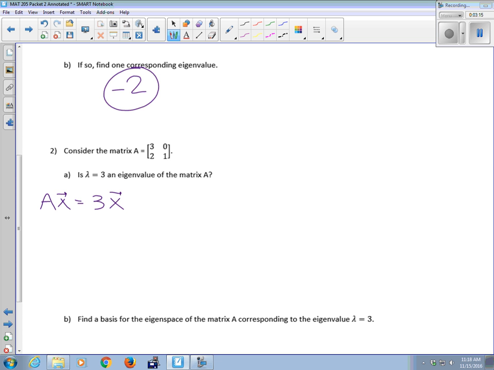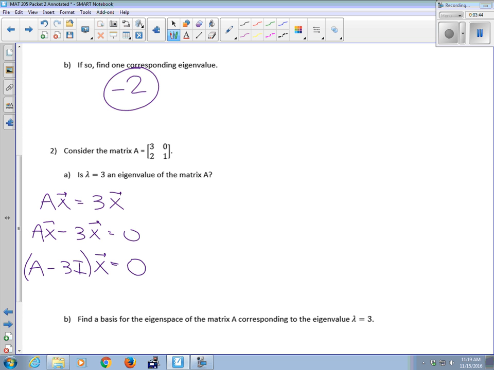I put in a 3 for the lambda, and now I just need to know: is there a vector x that makes this true? So I'm going to solve Ax minus 3x equals 0, that is, (A minus 3I) times x equals 0.